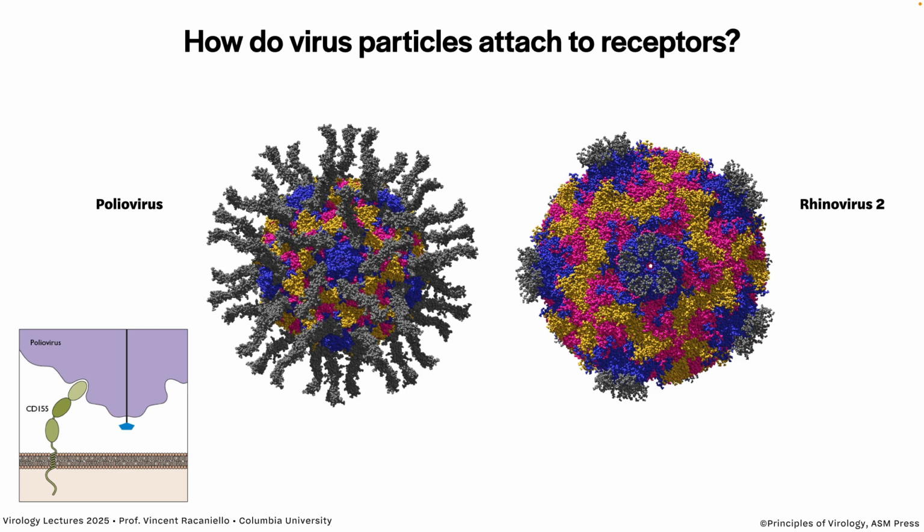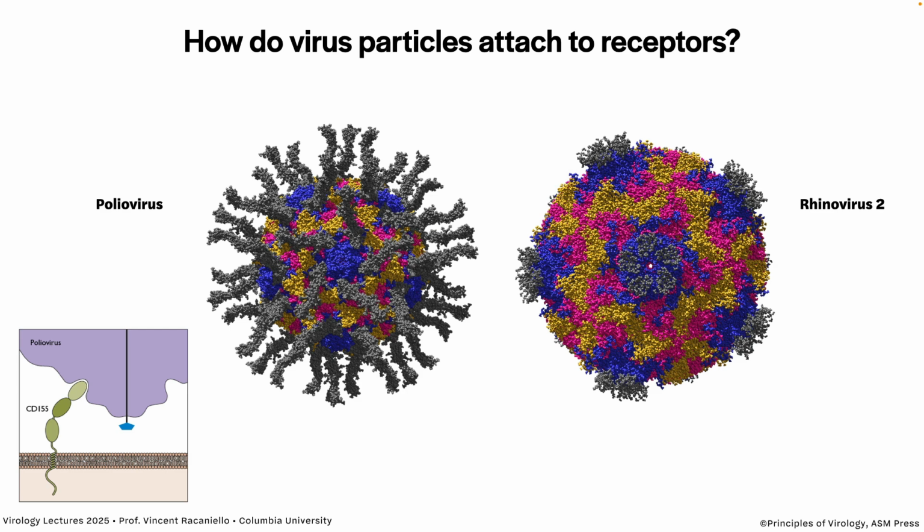And for poliovirus, there is a groove around the five-fold axis. So here on the lower left is kind of a cartoon of the virus particle. And here in blue is the five-fold axis. Around it is a little groove. And in fact, the receptor, the N-terminal domain of the receptor fits into that groove. That's how the receptor attaches to that particle.